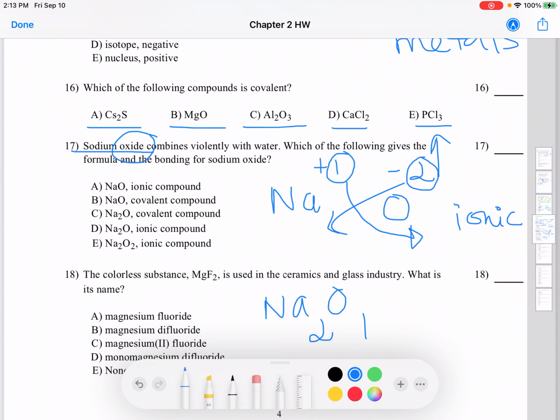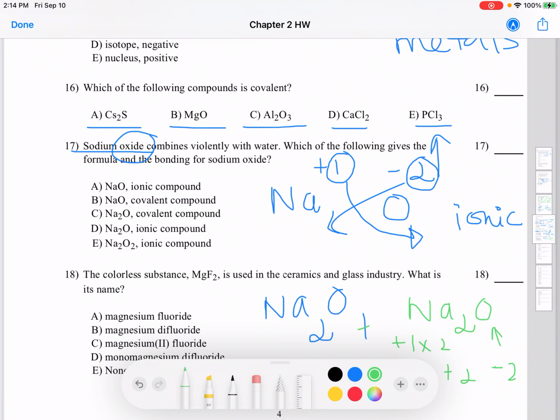Normally you do not write 1, so it would be Na2O. Now there are 2 sodium atoms and 1 oxygen atom. Each sodium has a charge of +1 and there are 2, so that makes +2. The positives are +2 and oxygen is -2. So now the charges are balanced and the compound is neutral, +2 and -2.